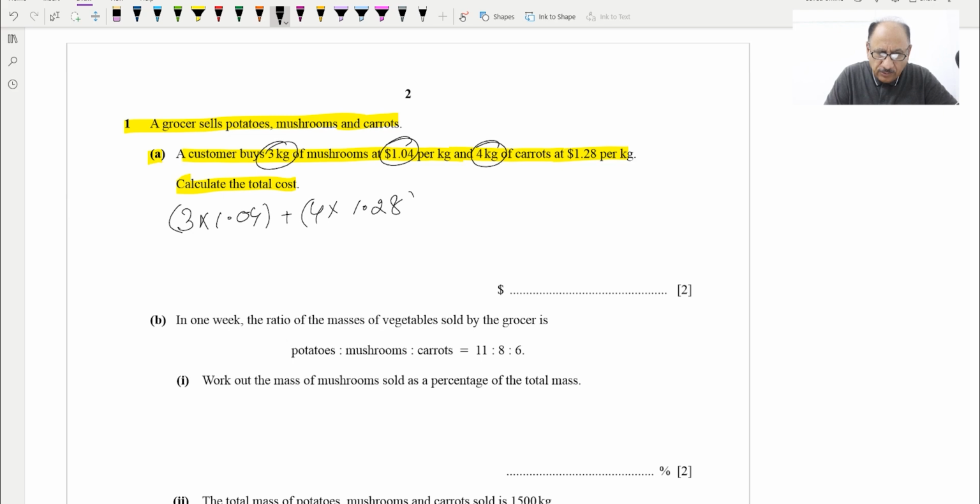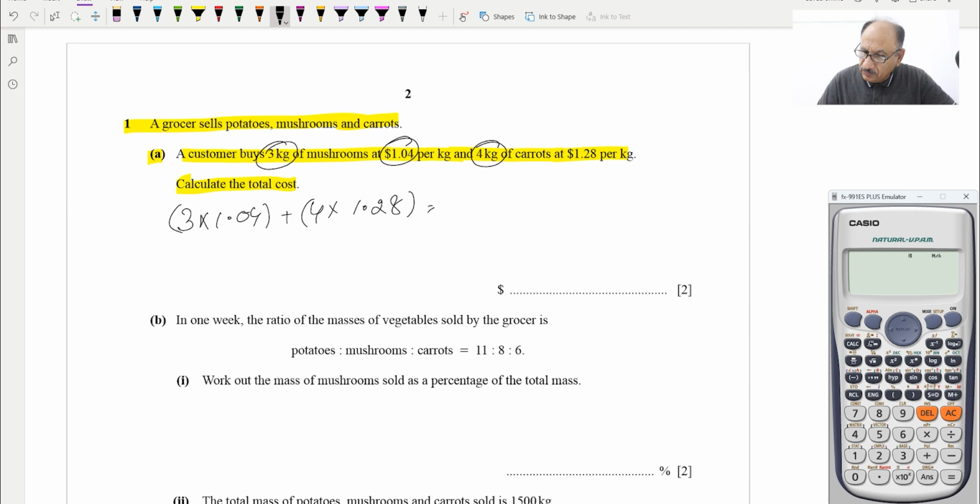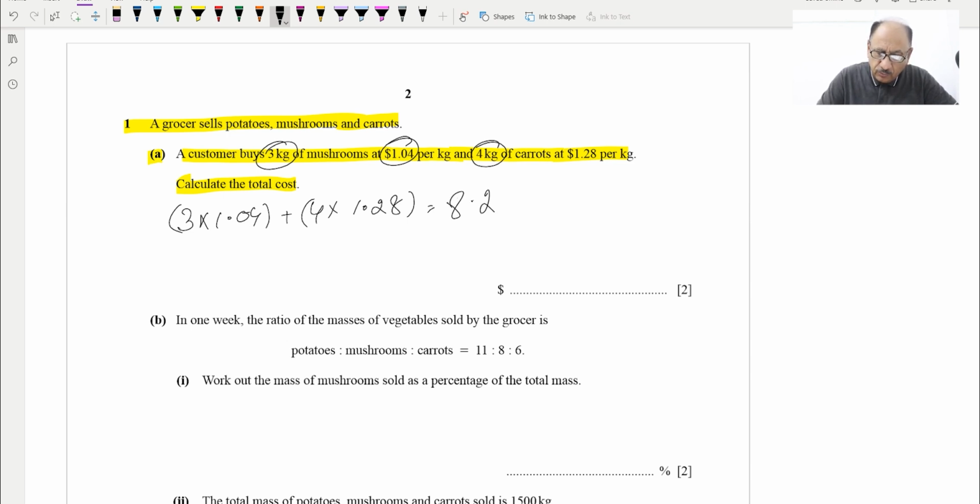We check the calculation: 3 into 1.04, plus 4 into 1.28, and this will result in 8.24. So $8.24 will be the total cost. This will be the answer for 2 marks.